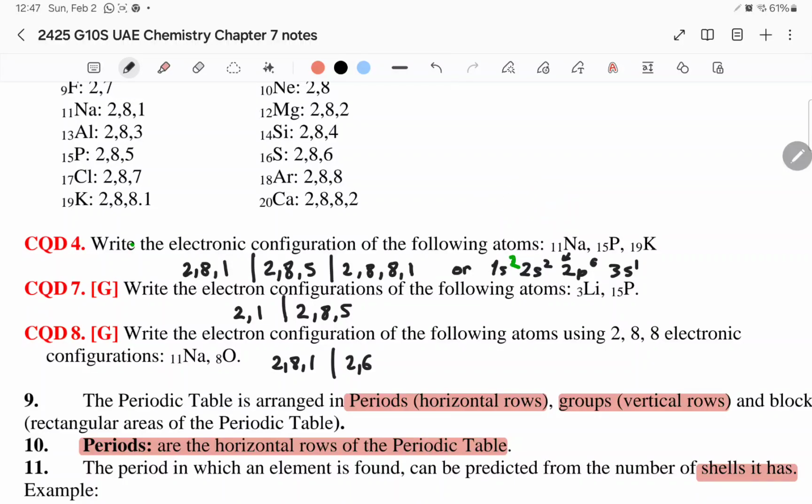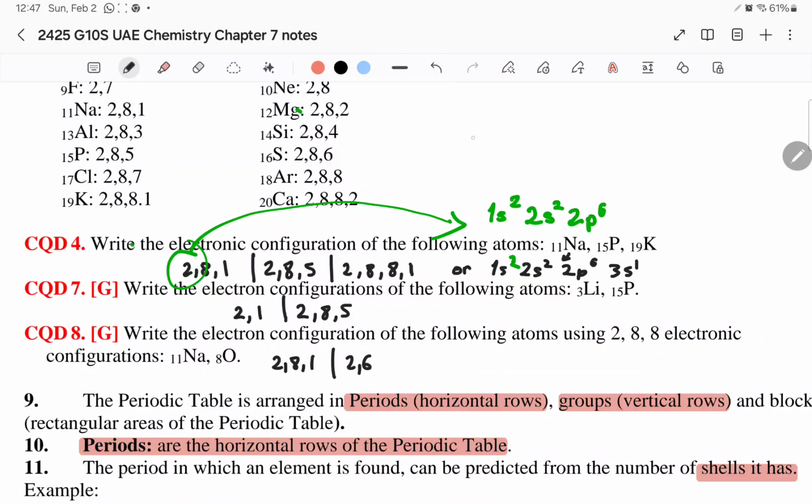So look, for this electronic configuration, you start off with shell number 1. We said it can only hold 2, so you write 1S2. That's your first shell. That's like the substitute for the first number. Now for your second shell, you're going to write 2S2, and then 2P6.